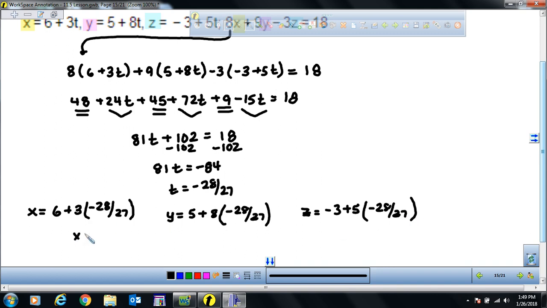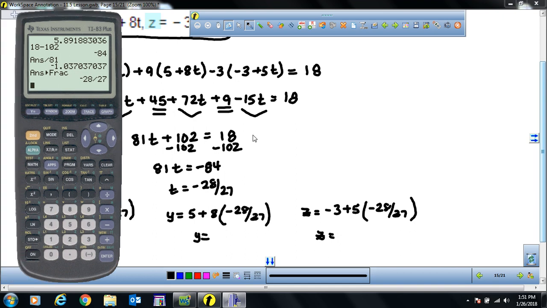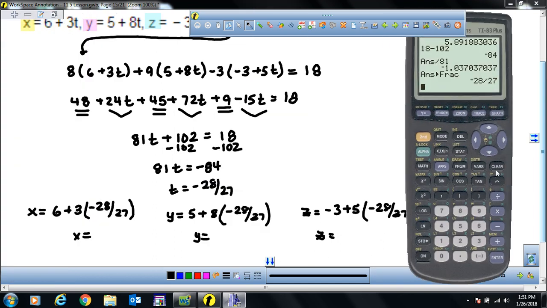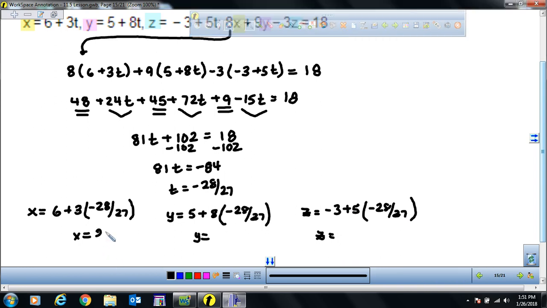And that should give us the x, y, and z coordinates for the point where this parametric line intersects that plane. So let's find those values as reduced fractions. It would be 6 plus 3 times negative 28/27, and I'm going to leave it as a fraction. That's 26/9.